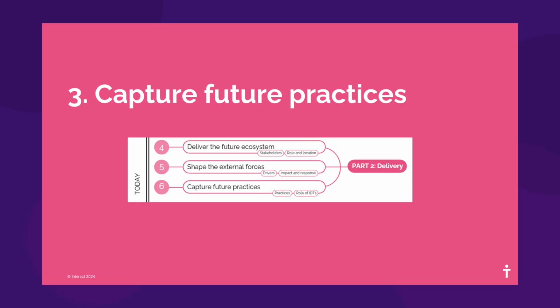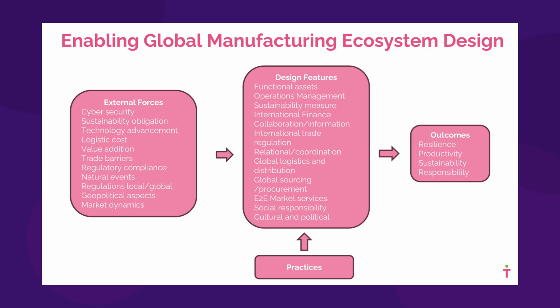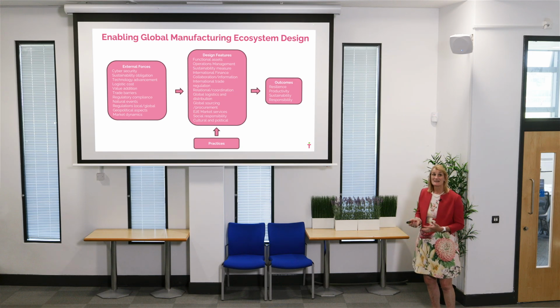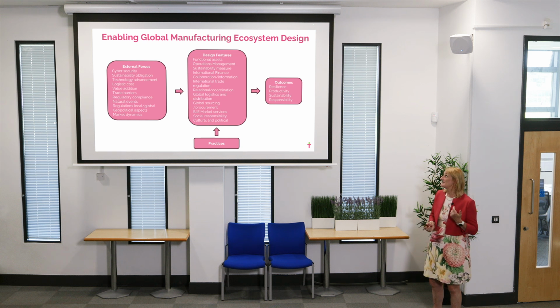And so as we think about how you capture those future practices, what you need to think about is how you're going to design that future global manufacturing ecosystem. The outcomes of just about any ecosystem are probably in line with the original ones from the Made Smarter innovation project, in that you will be looking to make your country and its ecosystems more productive, resilient, sustainable and responsible.